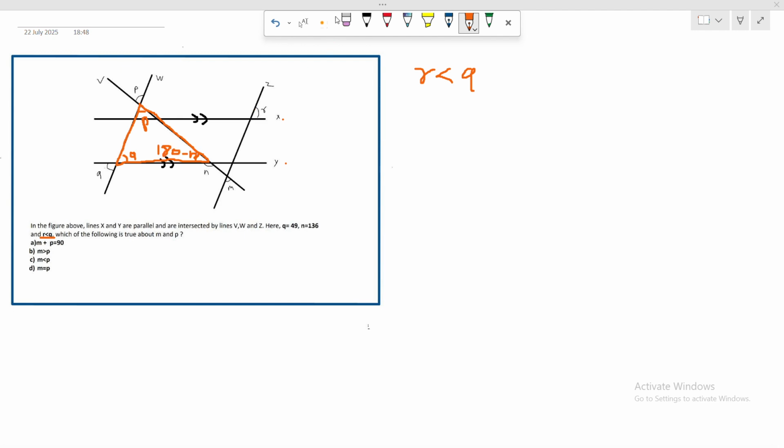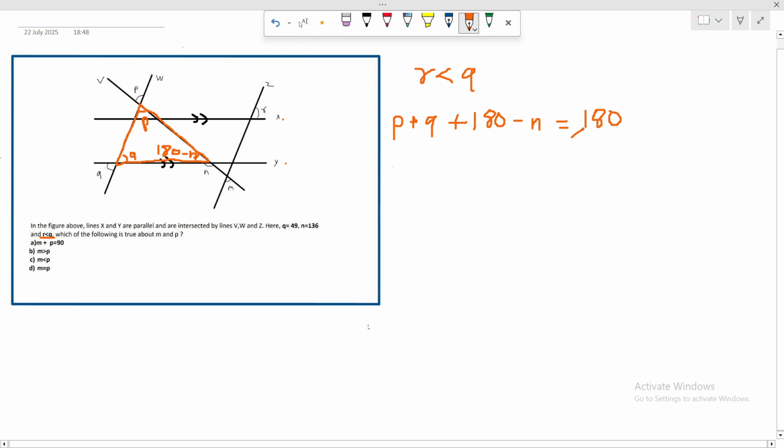So we got every angle of this triangle: p, q and 180 minus n, and we know the sum of all angles in a triangle is 180 degrees. So let's write it down. After writing it down, we can cancel out 180 and 180, right? So n will go to this side and n will be the sum of p plus q.